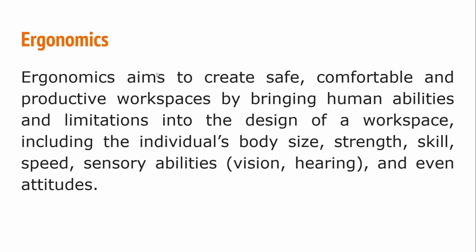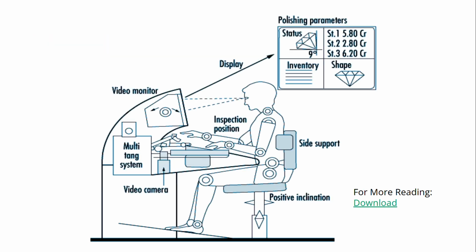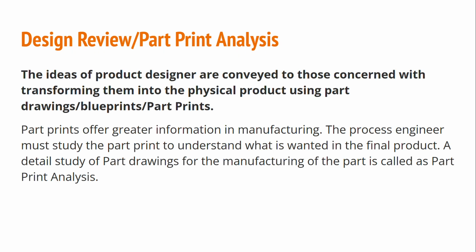Ergonomics aims to create a safe, comfortable, and productive workplace by bringing human ability and limitations into the design of the workplace, including the individual's body size, strength, skill, speed, sensory ability, and even attitudes. Here is an example of a chair: an adjustable chair, grip handle, and the inspection position, meaning the final output is comfort. Comfort is ergonomics in product design.